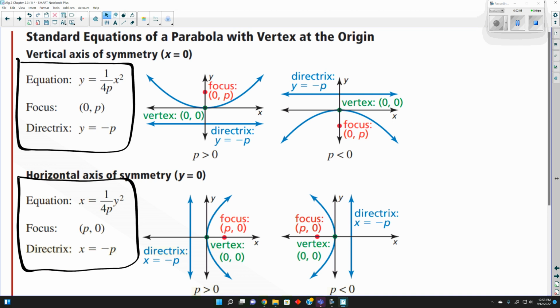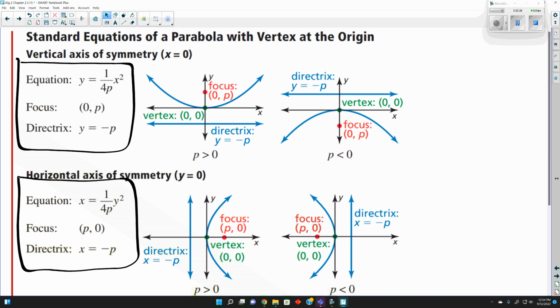Now we also have the other equation, x is equal to 1 over 4p y squared. And for here, the focus is going to be the point p comma 0. And the directrix is going to be the equation x is equal to negative p.